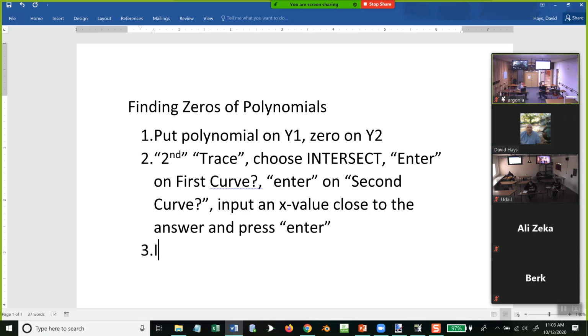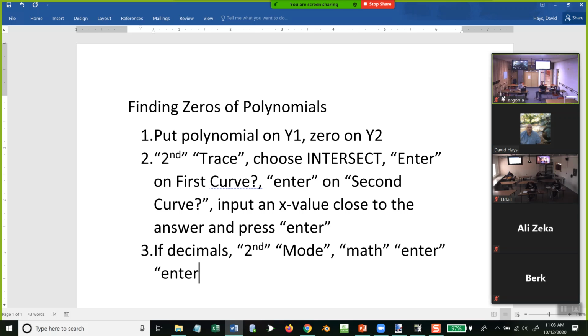If you have decimals, second mode to exit out, and then math, enter. If you have more answers, go back to step 2.